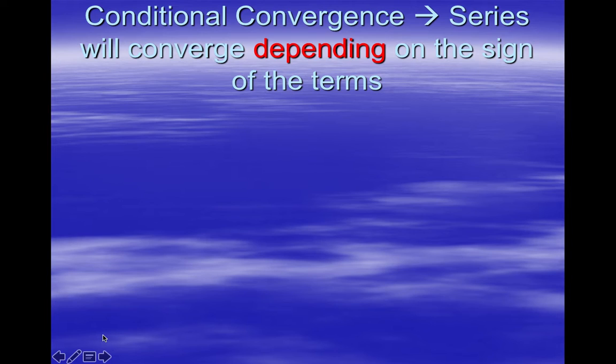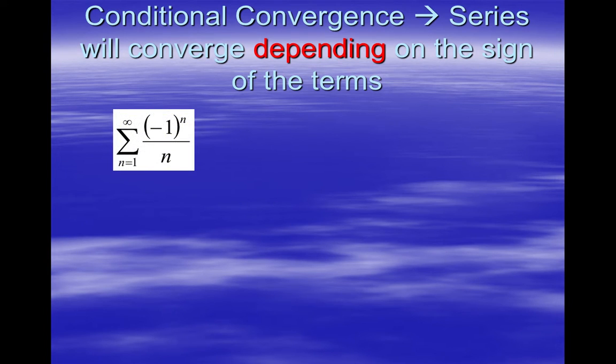Now, conditional convergence means the series will only converge if the signs alternate. So look at this series. Again, this is numeric, right? There are no x's in here. So when I look at this, this is a p series with n to the 1, but it's an alternating p series.